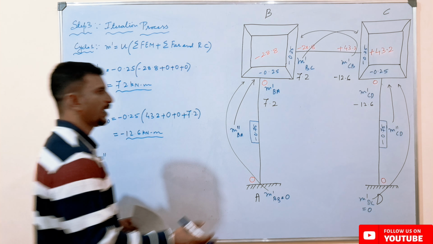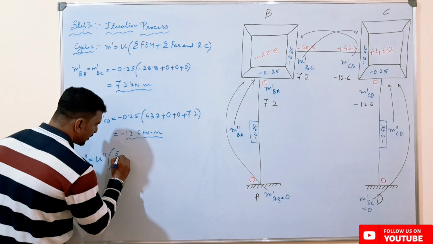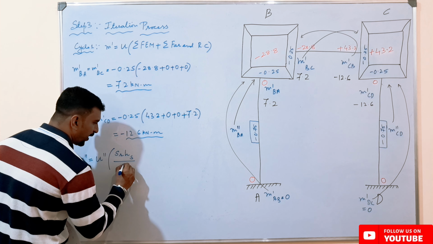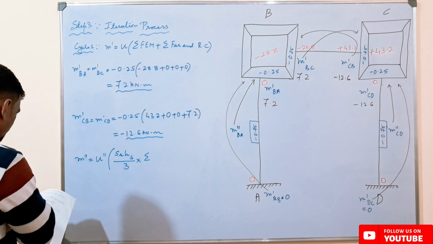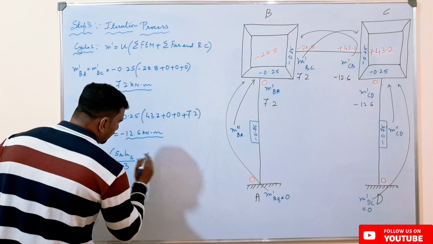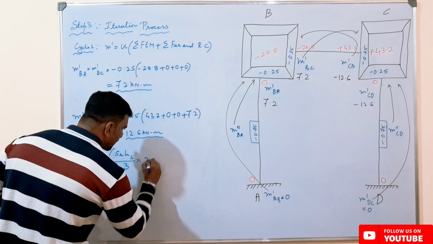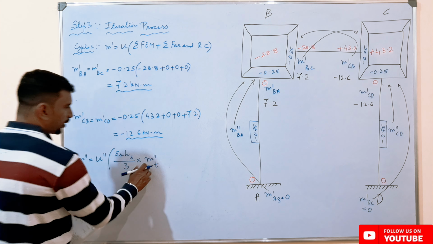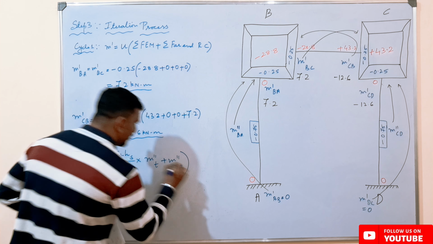Since this frame is carrying a lateral loading, the formula is the story shear multiplied by the height of the story divided by 3 into summation of M double dash t, that is the displacement contributions about the top, plus the displacement contributions about the bottom. This is the formula.